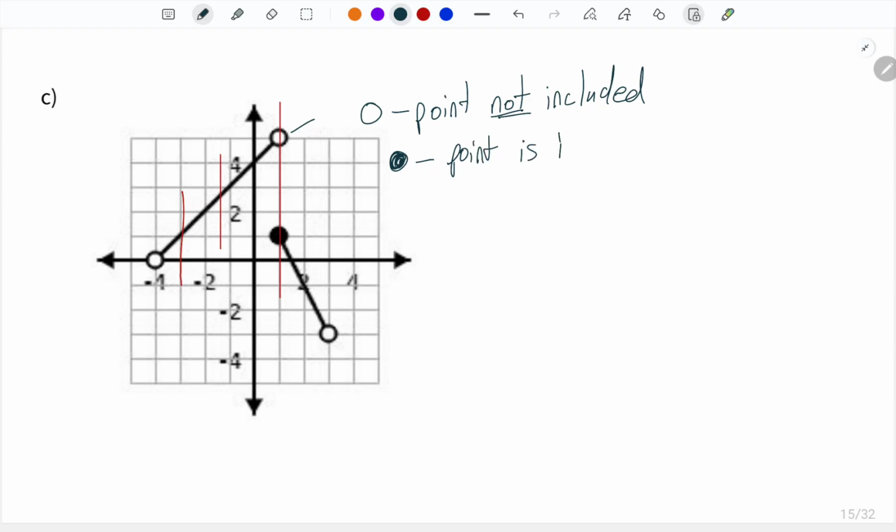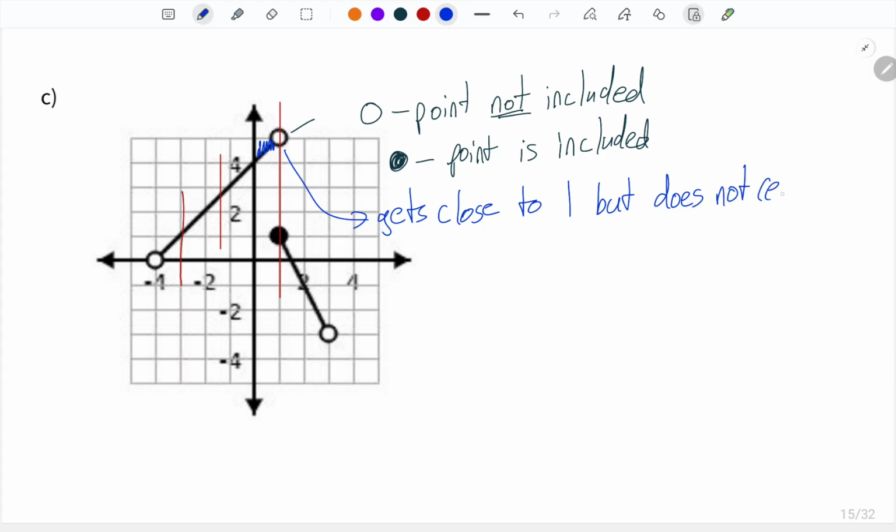So what's actually happening in this graph is it gets really, really close to this x value of 1 at the top. It does not reach the actual value of 1. So what we can say is it gets close to 1, but does not reach it.